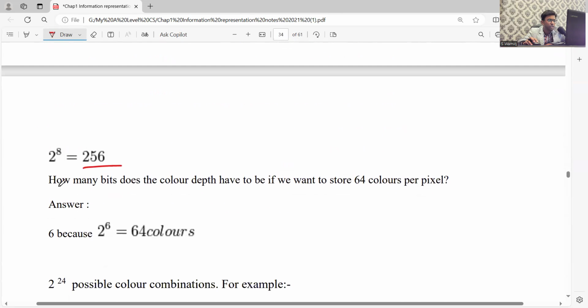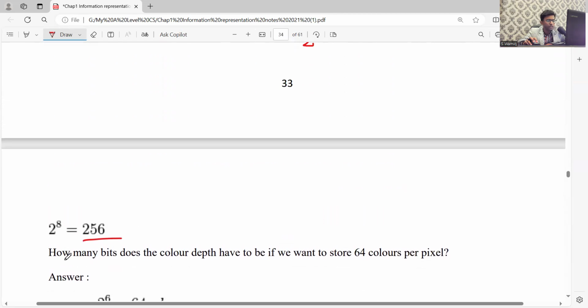Here is another question. Now, this question is something different. This question says: how many bits does the color depth have to be if you wanted to store 64 colors per pixel? That means that as per the formula, 2 to the power color depth equals the number of colors. So if the colors per pixel is 64, what is going to be the color depth?